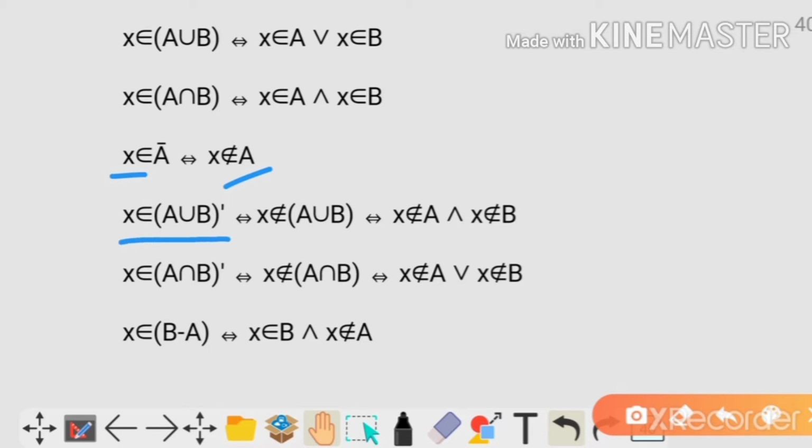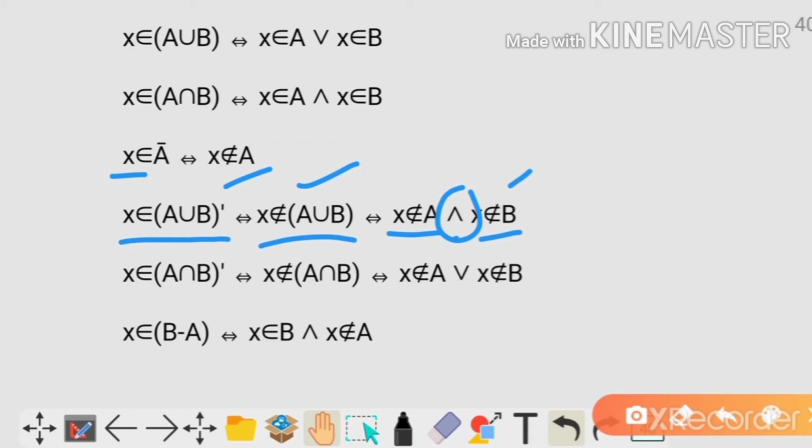So it means X does not belong to A union B. As X does not belong to A union B, that means X neither belongs to A nor belongs to B. So we'll write X does not belong to A and X does not belong to B, because it does not belong to the union, that means it neither belongs to A nor belongs to B. So here we use the and sign just to signify that it neither belongs to A nor belongs to B.